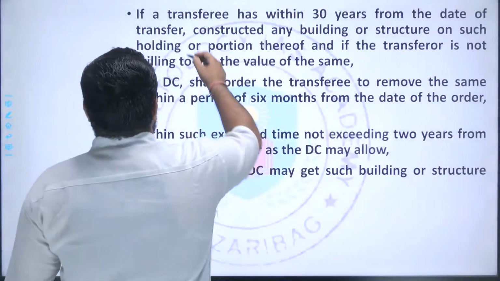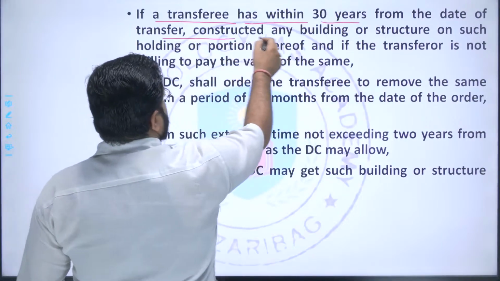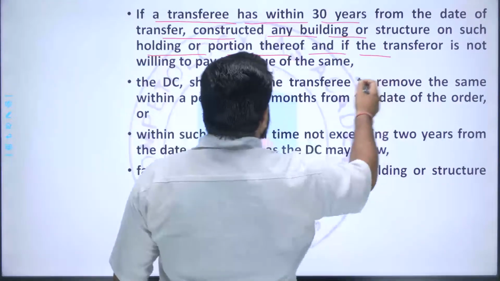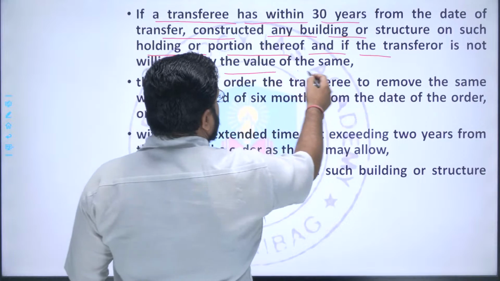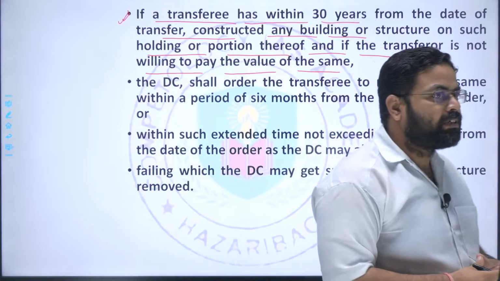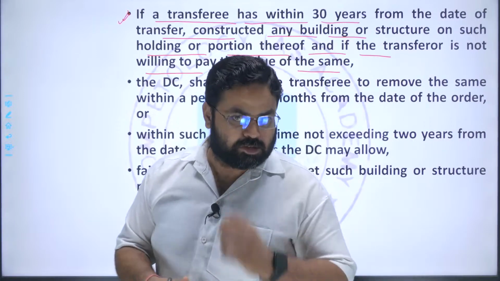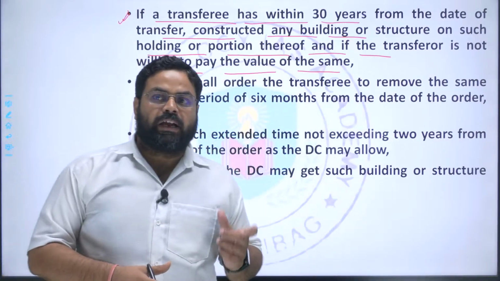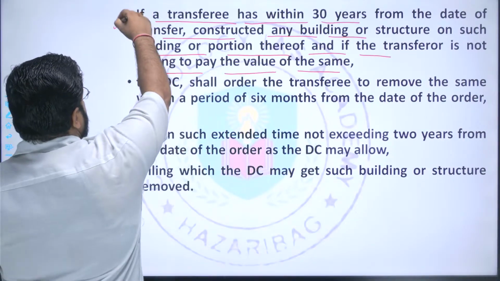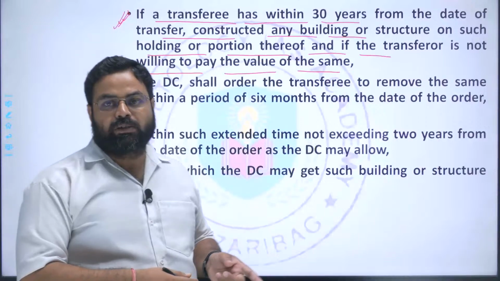Right. Now, if a transferee has within 30 years from the date of transfer constructed any building or structure on such holding or portion thereof, and if the transferor is not willing to pay the value of the same, so अगर ये पिक्चर में आता है, if it comes in picture that the transfer of the land was made in contravention of subsection 1 and subsection 2 of section 20 of this SPT Act, then the transferee will have to evict the land, and the land will be restored back to the transferor.